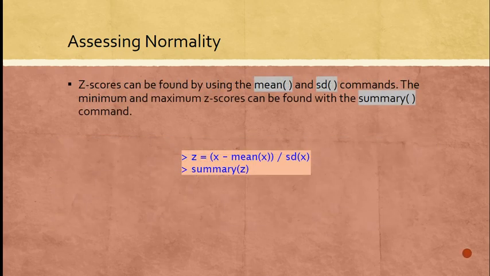And as far as z-scores, what you do is you first define your variable, and then we'll say z is equal to x minus the mean divided by the standard deviation, and then we'll run the summary command of those z-scores. The summary command will give you the minimum and maximum, median, mean, quartiles, but it'll give you the range of the value of the z-scores. It's a quick and easy way of seeing if your values are all within that -3 to +3.